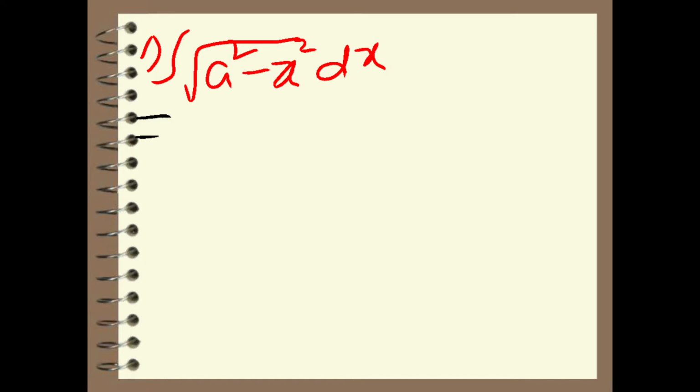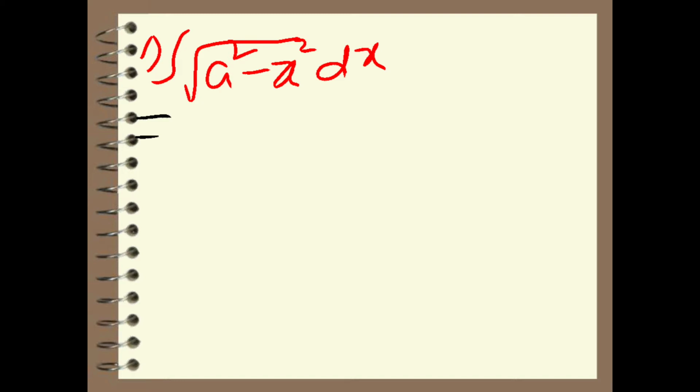The formula for 1 by root a square minus x square is sine inverse x by a. Already you know it. In this formula there is no 1 by. Directly it is of the form integration of root a square minus x square into dx.